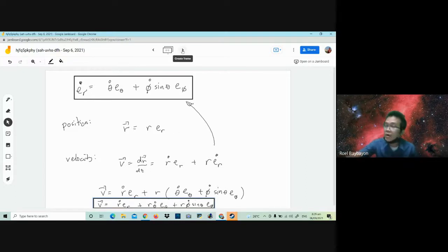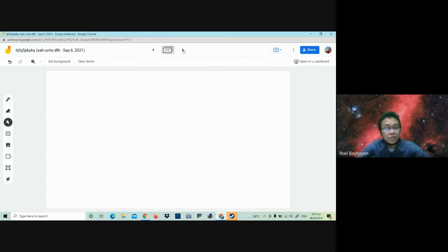Now, next is how about the acceleration? Acceleration is just the derivative of the velocity with respect to time. So I have this d/dt. Let me copy this v.